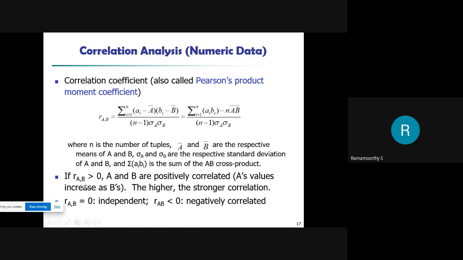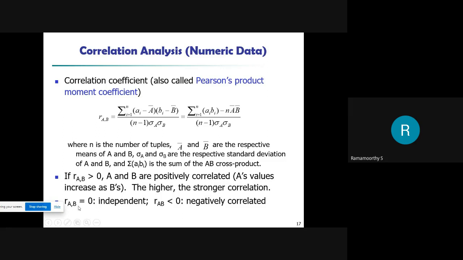If the correlation coefficient of A comma B is greater than 0, A and B are positively correlated, which means that A values increase as B values increase. That is a higher or strong correlation between A and B. That is what is called positive correlation.